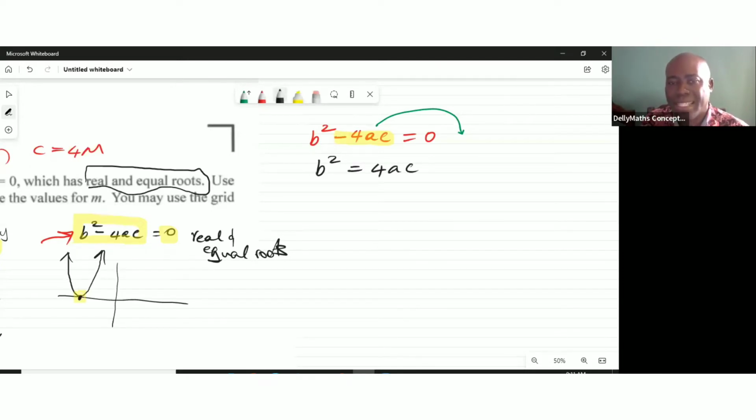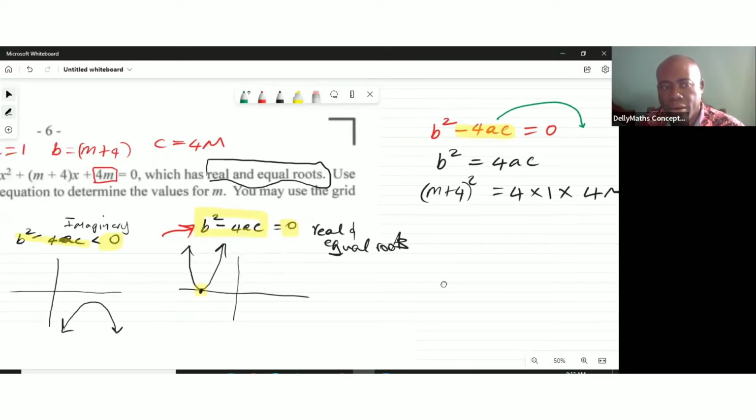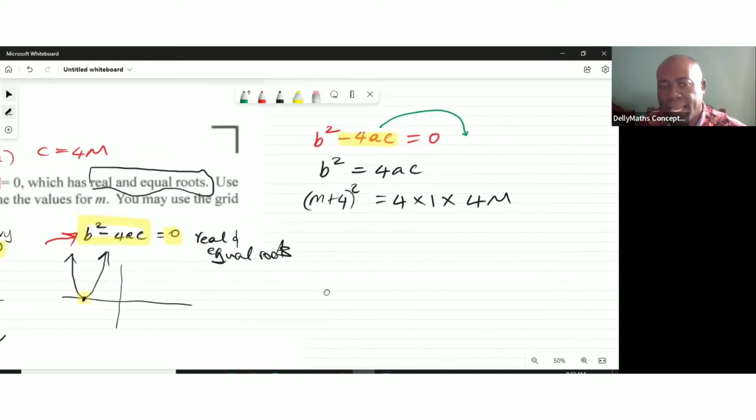From here, remember that b is m plus 4. So we square that, and that is equal to 4 times a, which is 1, times c, which is 4m. Here we just substituted what we had for b, c and a. All right, let's continue.